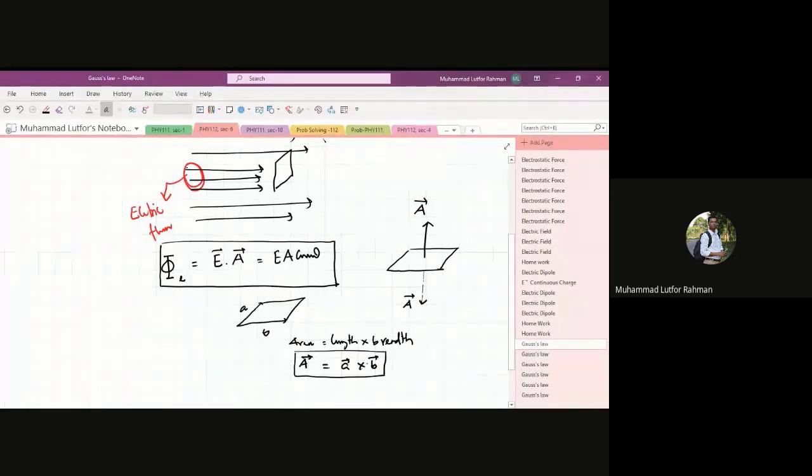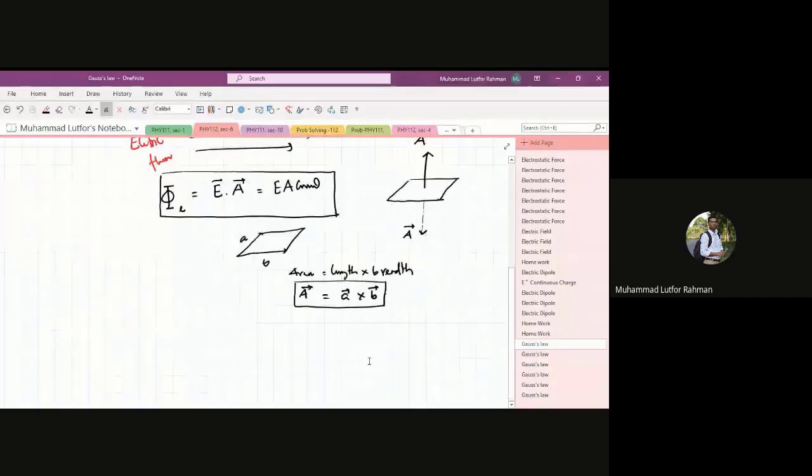How do you find it? I put my forefinger in the direction of the first vector, then rotate towards the second vector, then my thumb gives me the direction of the resultant vector, right?